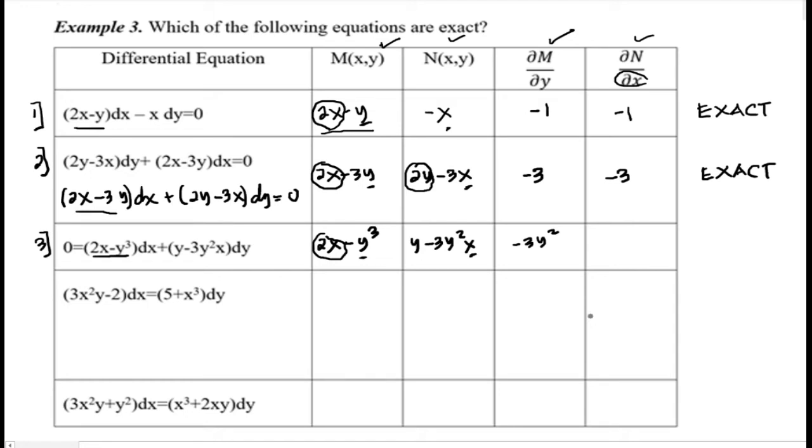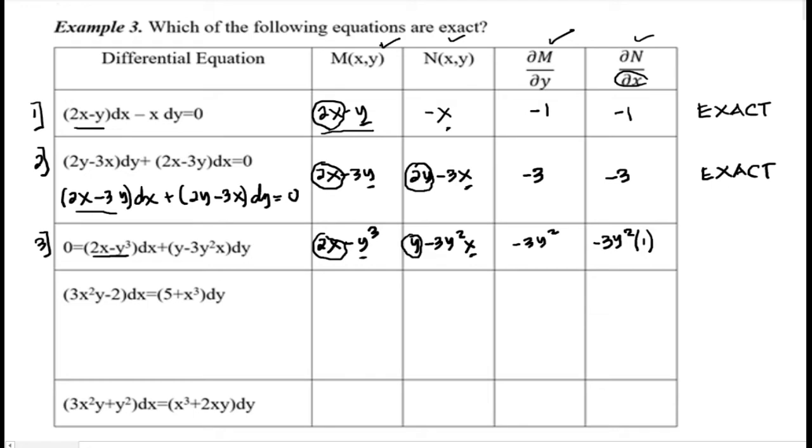So, our N here, which is y minus 3y squared x, our first term y, the derivative for this is 0 because y is assumed as constant. For the second term, I'm going to write the literal coefficients of x, or including the numerical coefficients. We have negative 3y squared. Then, get the derivative of x, which is 1.